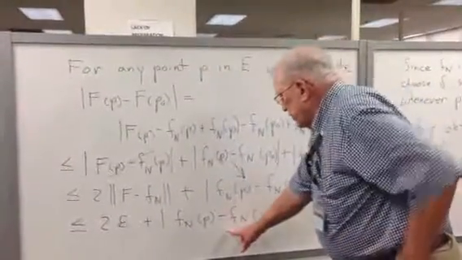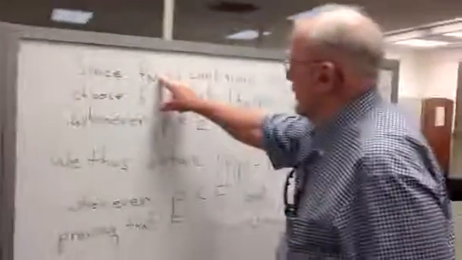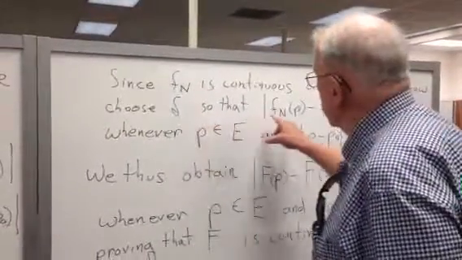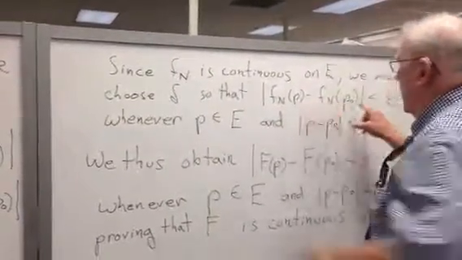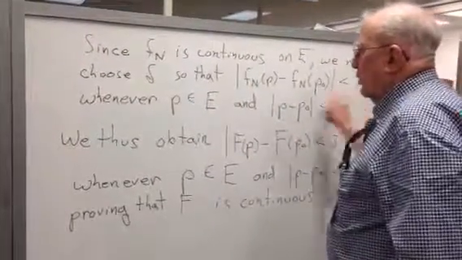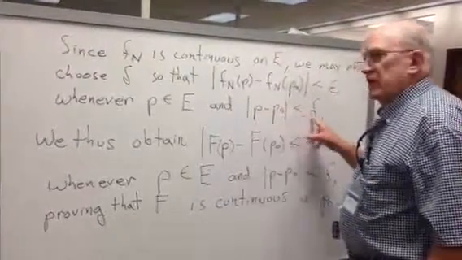And now we're going to show that this term, since f sub n is continuous on the set E, we may now choose a delta so that the absolute distance between the 2 is less than epsilon, whenever P belongs to E and P minus P naught is less than delta.